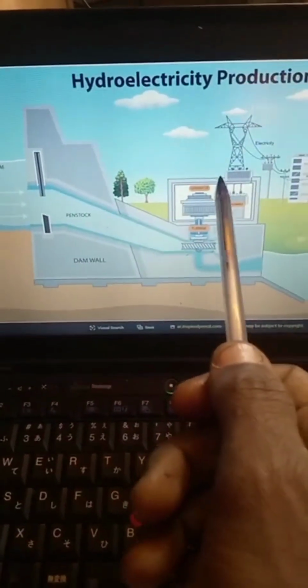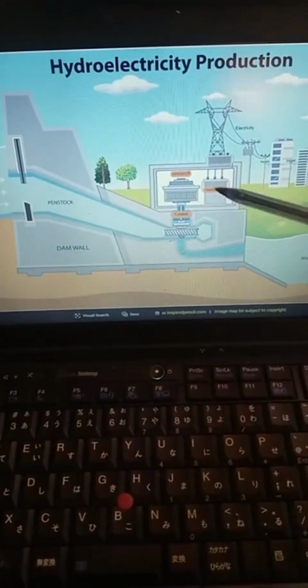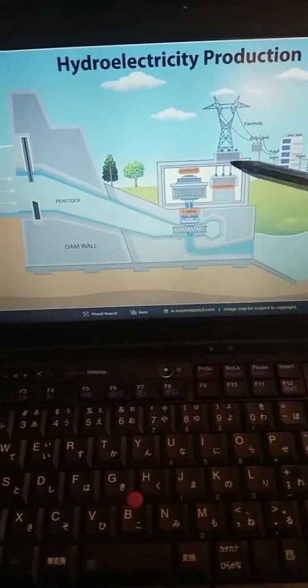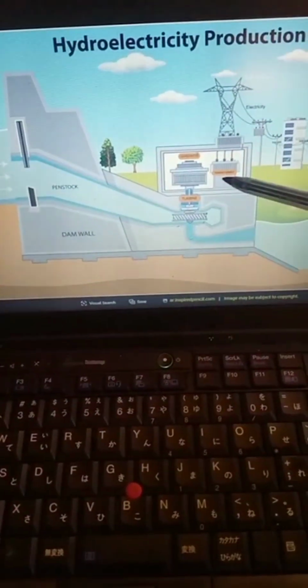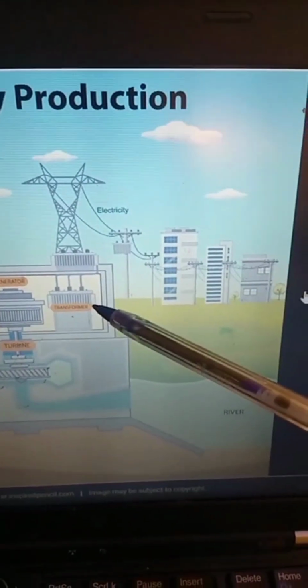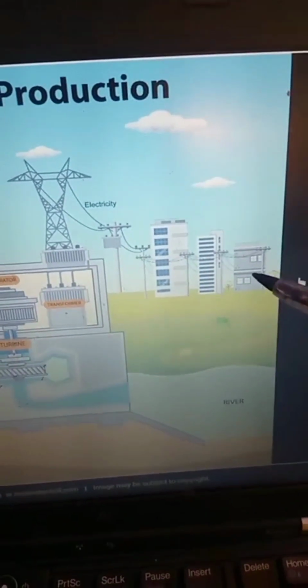So with that said, now we can have another class, taking a step from where we have transmission, that is from the step up transformer, and then we see what happens in between, from the stage of the step up transformer up to where we get to the final consumption.